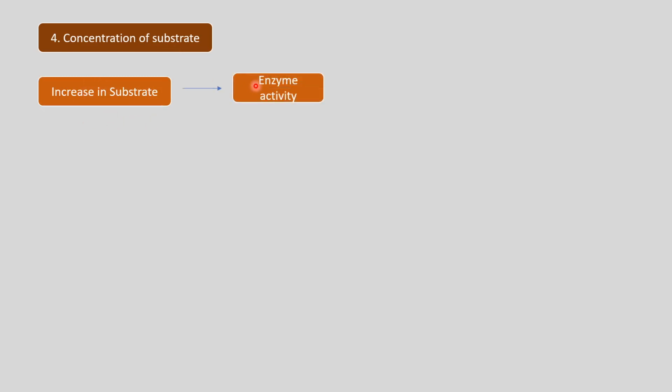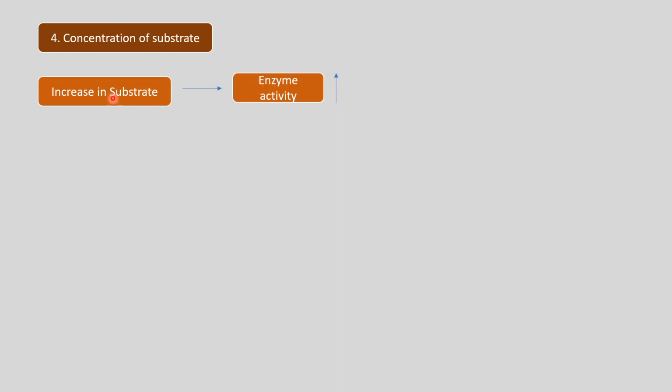Now the next factor is concentration of substrate. Concentration of substrate means how the concentration of substrate can affect the enzyme activity. With increase in substrate concentration, the enzyme activity will increase, right?